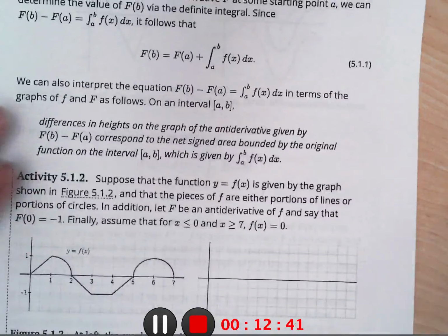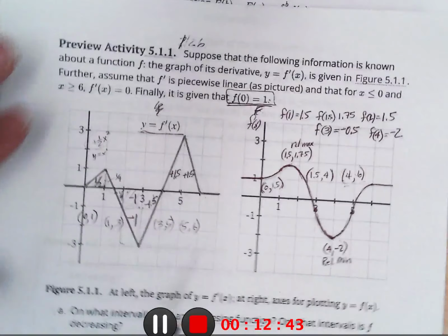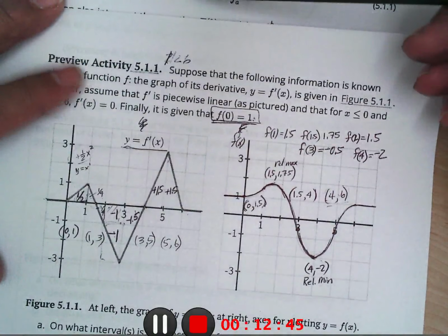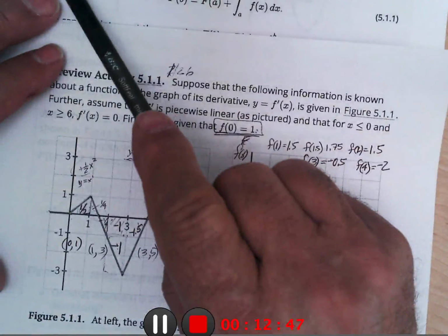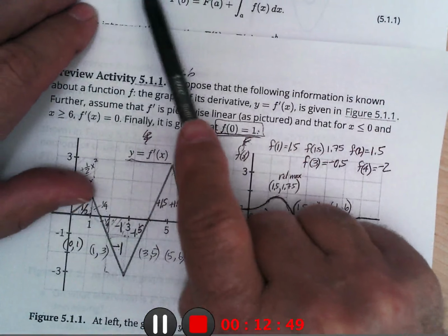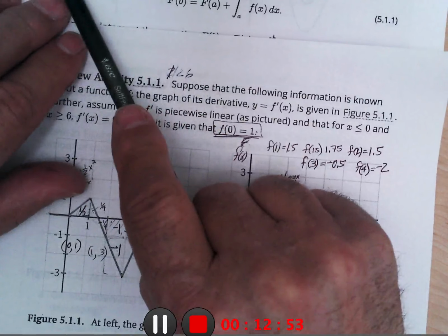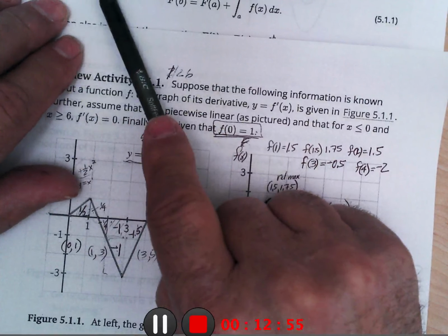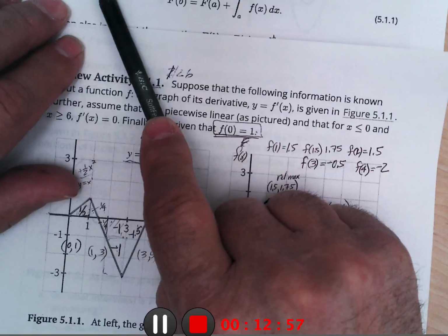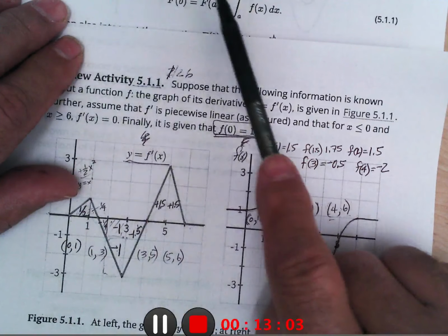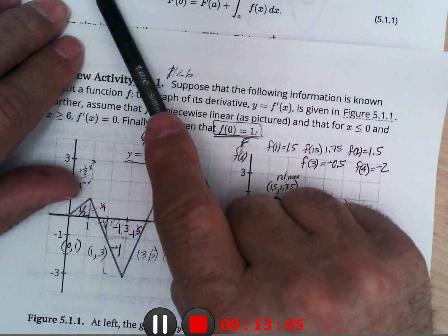Now, looking at this, what's happened here? Well, this is the fundamental theorem of calculus. The area under the curve is just the antiderivative at the end, subtract the antiderivative at the beginning. But a more interesting interpretation of this is this thing, where we add F of a to both sides.